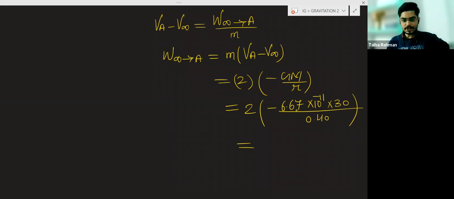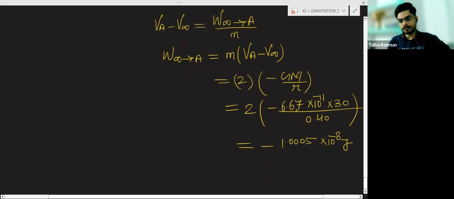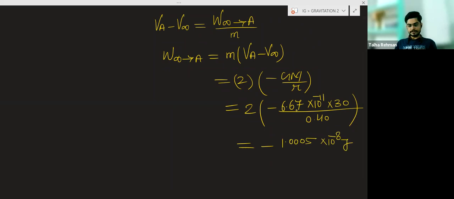So approximately your answer will be minus 1.005 into 10 to the power minus 8 joule. I think this will be the answer.